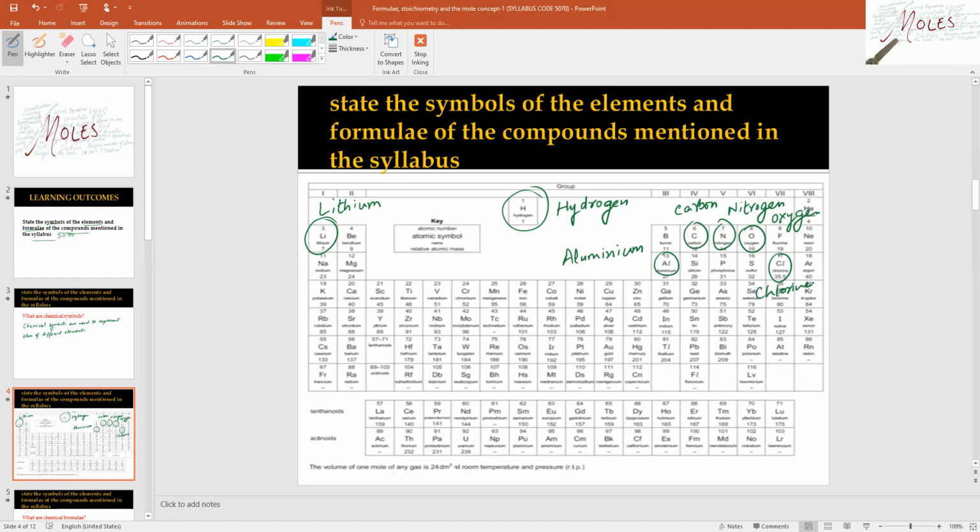Etc. Some elements even have their symbols derived from Latin names, like Na for sodium. The Latin name is natrium.